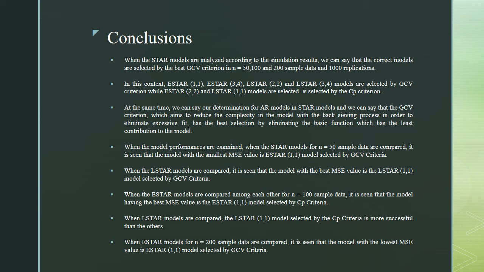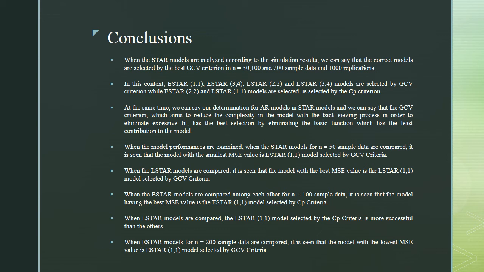At the same time, we can say our determination for AR models also holds in star models, and we can say that the generalized cross-validation criterion, which aims to reduce the complexity in the model with the backward screening process in order to eliminate excessive fit, has the best selection by eliminating the basic function which has the least contribution to the model.